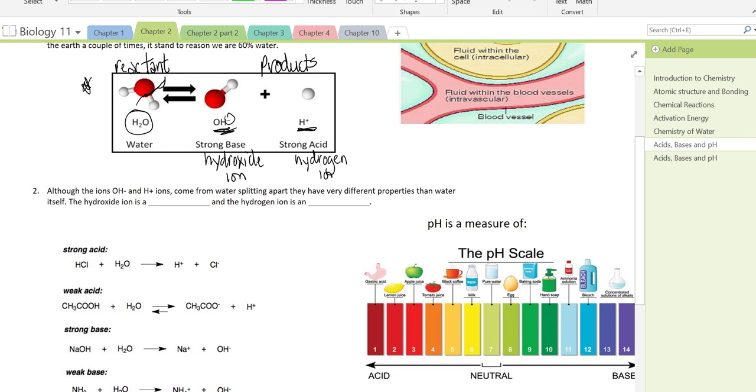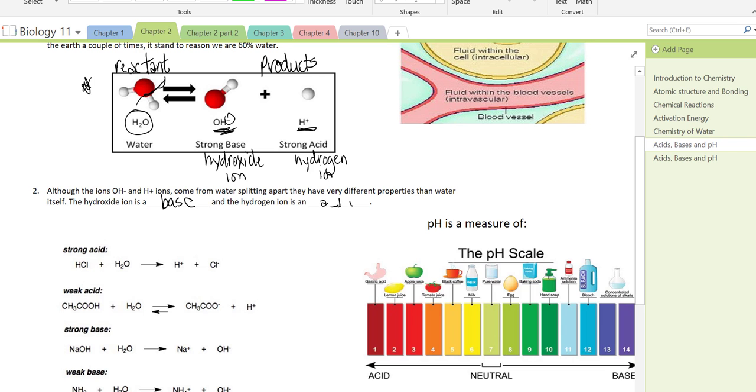When we refer to bases, we're talking about the hydroxide ion. When we refer to acids, we're talking about the hydrogen ion. So although the OH minus and H plus ions come from water splitting apart, they have very different properties than water itself. The hydroxide ion is a base, and the hydrogen ion is an acid.